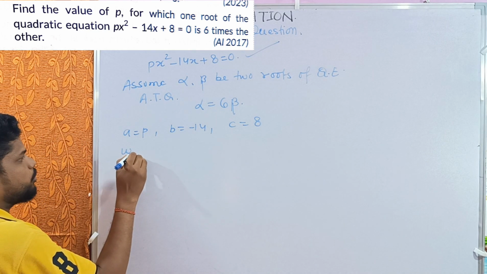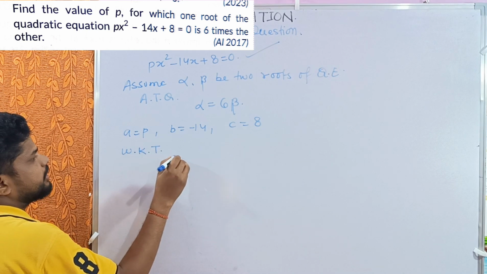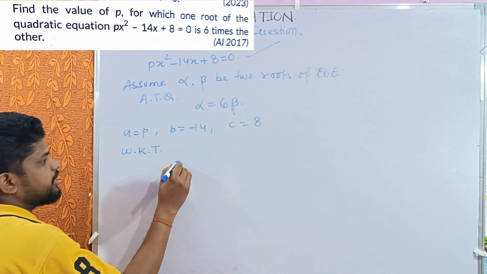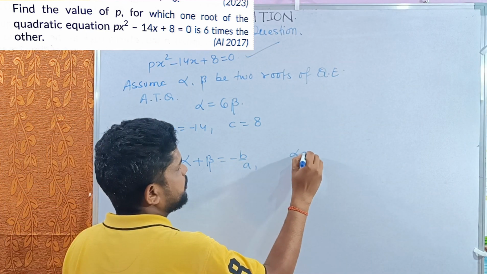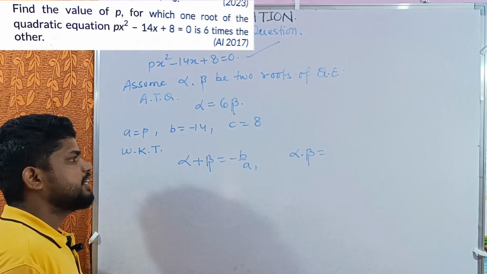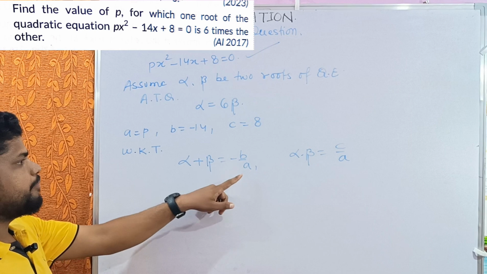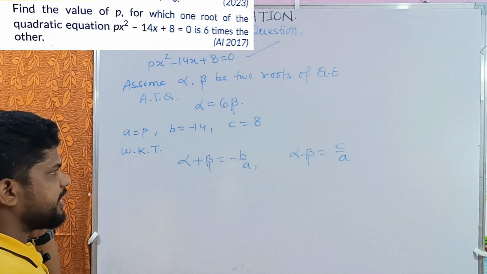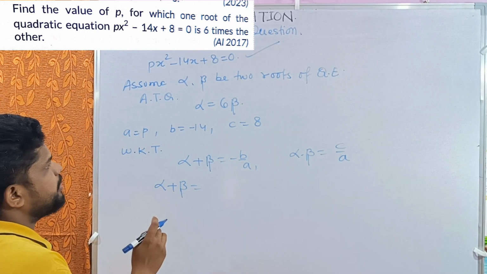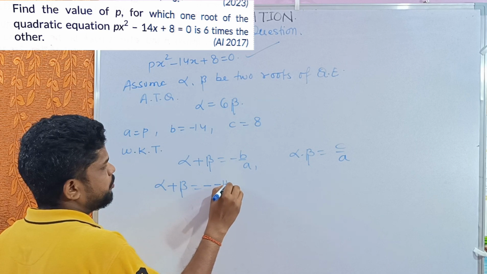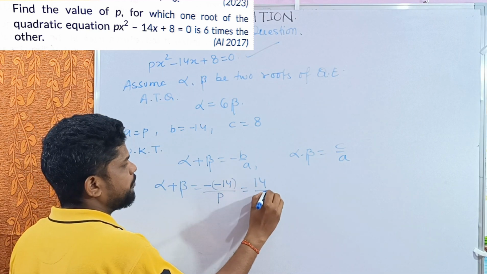From the quadratic equation, we also know that the sum of the roots is minus b by a, and the product of the two roots is c upon a. So putting the values of a, b and c, we get alpha plus beta equals minus b by a. The value of b is minus 14 and a is p, so it is 14 upon p.